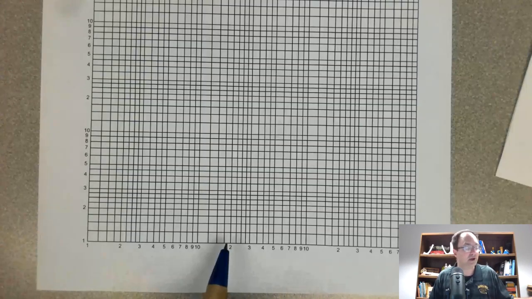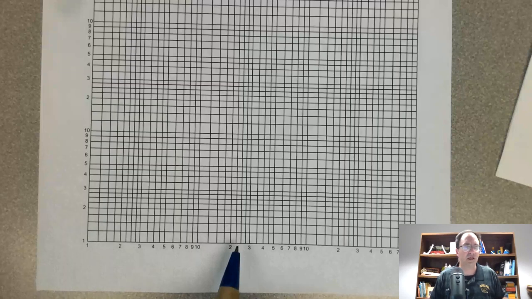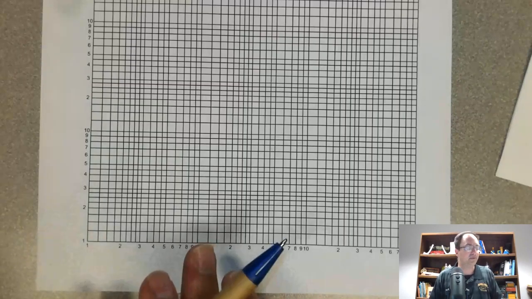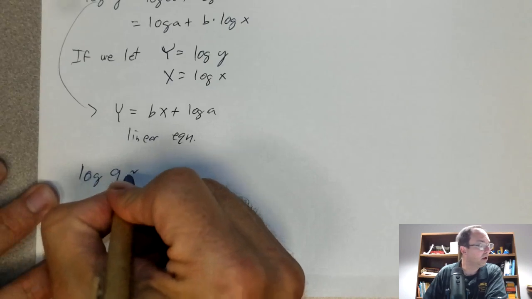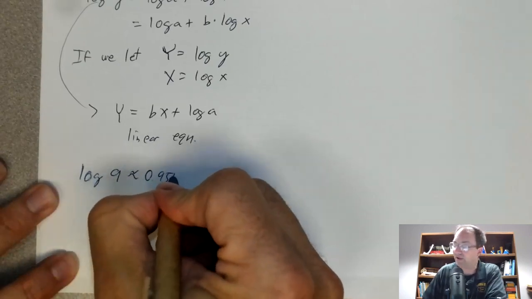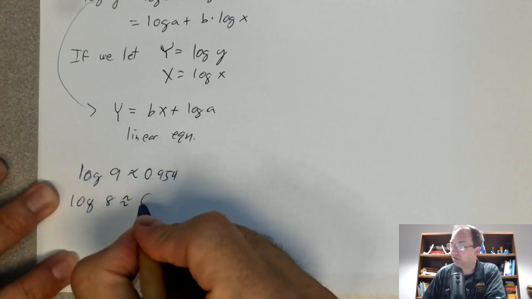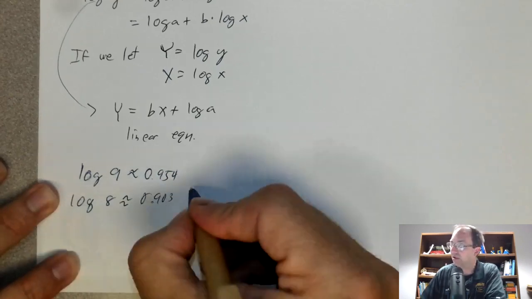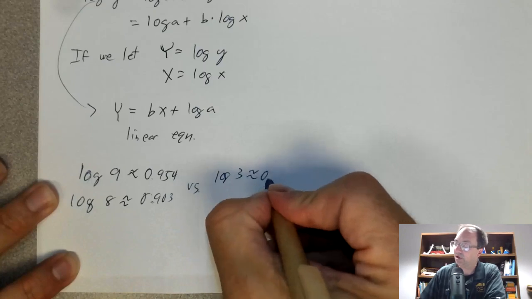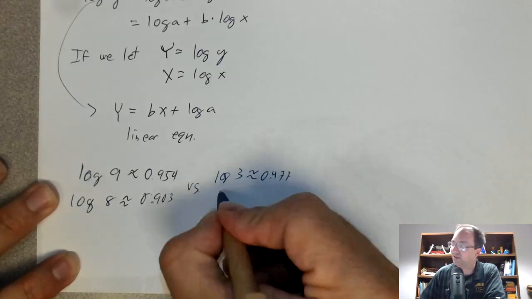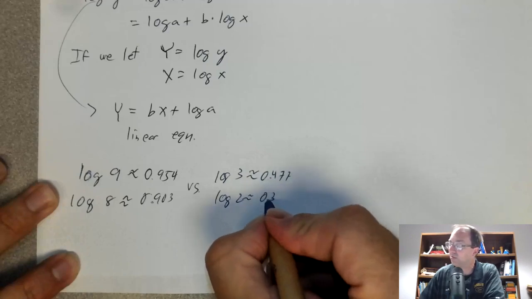And the reason why the lines aren't equally spaced is because if you think about the logarithm of certain numbers, they aren't equally spaced either. For instance, the log of 9 is about 0.954, and the log of 8 is about 0.903, versus the log of 3 is about 0.477, and the log of 2 is about 0.301.